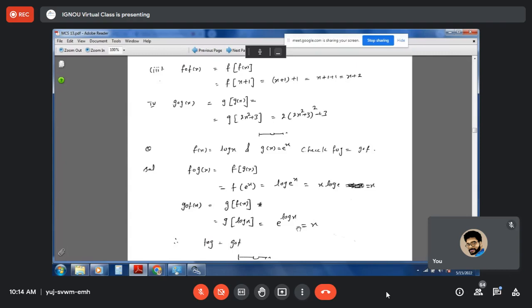Sir, sometimes I get confused about whether the log base is e, or 2, or 10. No, we are not discussing the chapter of the log.